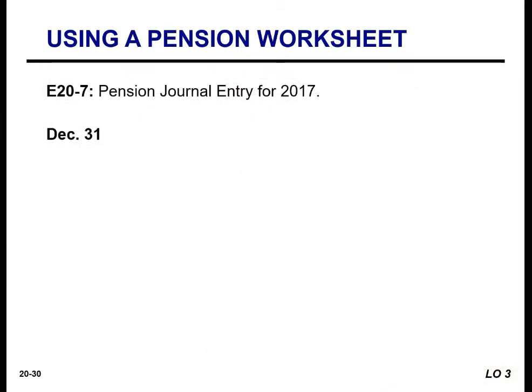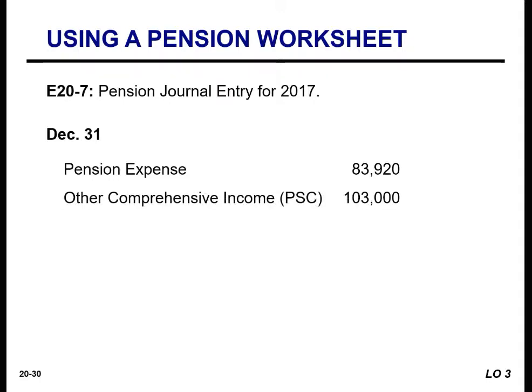So the journal entry for 2017 is $83,920 pension expense, other comprehensive income prior service cost of $103,000, pension asset liability credited $121,920, and cash paid out of $65,000.